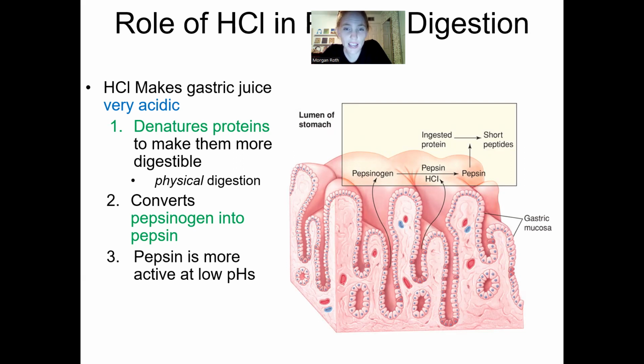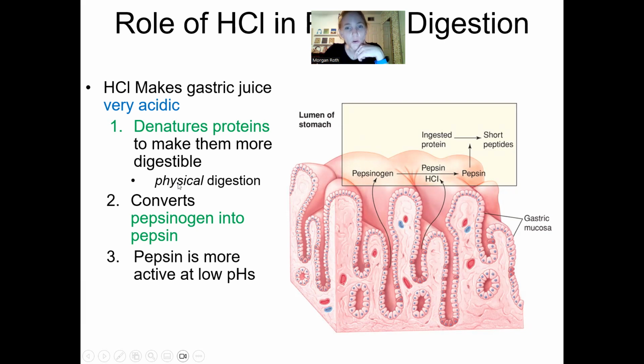So the first thing is, because it is so acidic, when you put proteins in environments outside of their pH range, they begin to denature. And this is going to be very important because you're going to take that little folded, clumped up protein and unravel it. Okay, so this would be an example of physical digestion because you have not broken any covalent bonds yet.